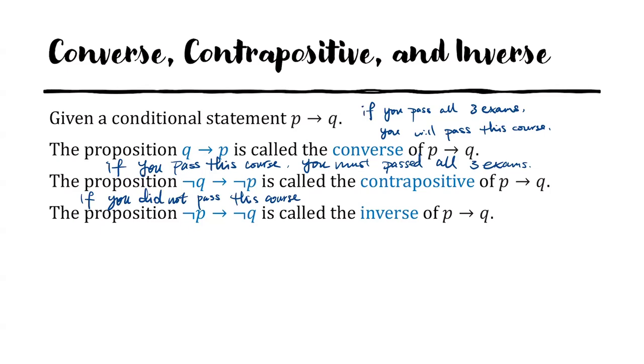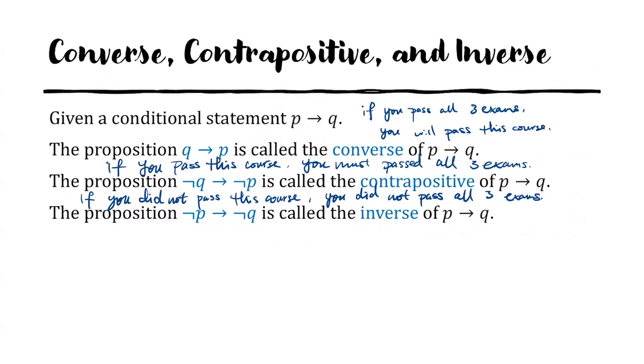So negating it means you did not pass this course. Then this implies that you did not pass all 3 exams. Right, because you did not pass all 3 exams, that's the negation of P. So this will be the correct answer, right?